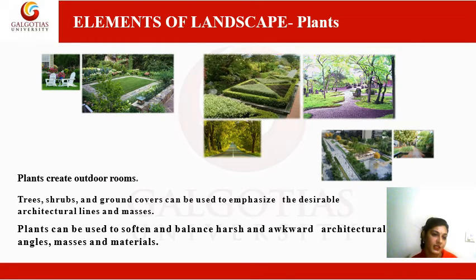Other functions performed by plants: plants create outdoor rooms. Trees, shrubs, and ground covers can be used to emphasize the desirable architectural lines and masses. Plants can be used to soften and balance harsh and awkward architectural angles, masses, and materials. I think there are many pictures in the slide which beautifully show the role of plants in architecture.